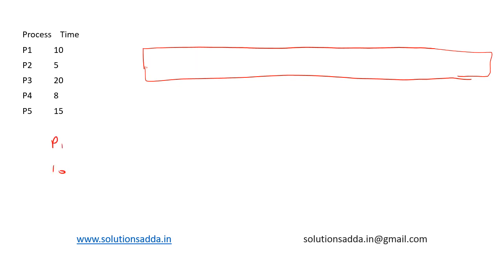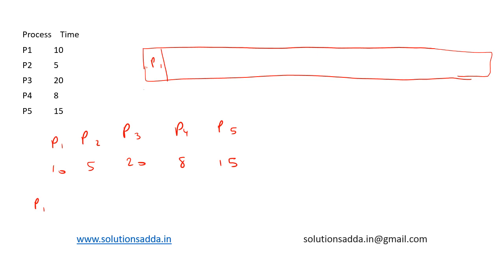P1 has 10, P2 has 5, P3 has 20, P4 has 8, P5 has 15. And let's write the ready queue here. So initially process P1 comes. So P1 is in the ready queue and P1 is placed here. And the time quantum given is 5 milliseconds.